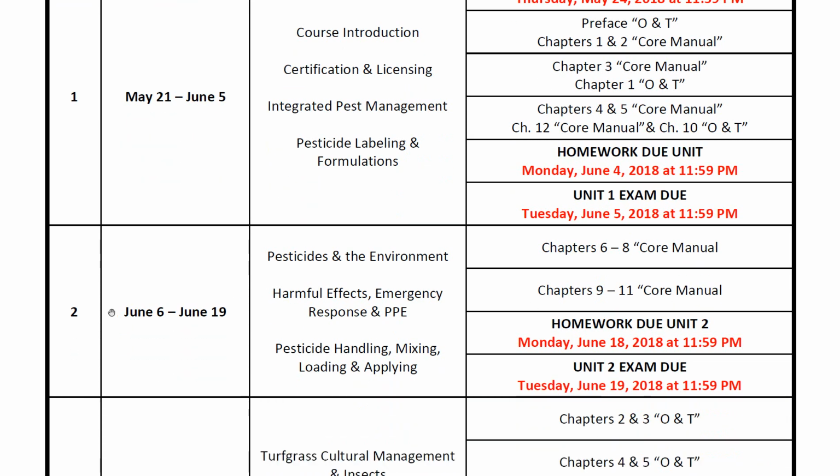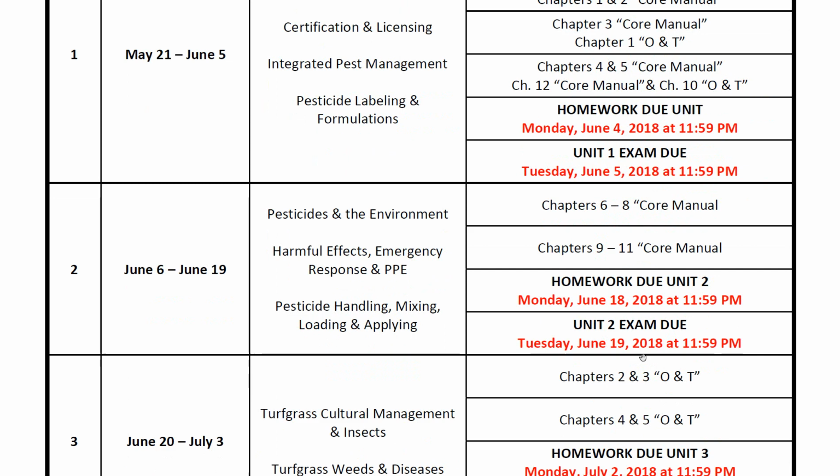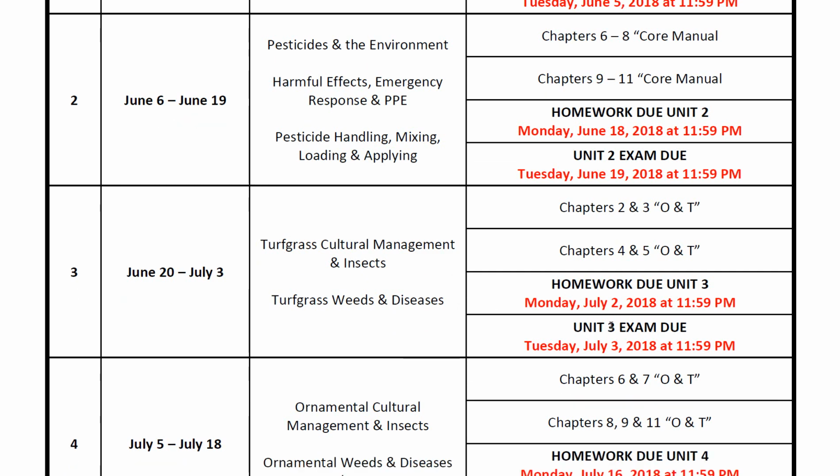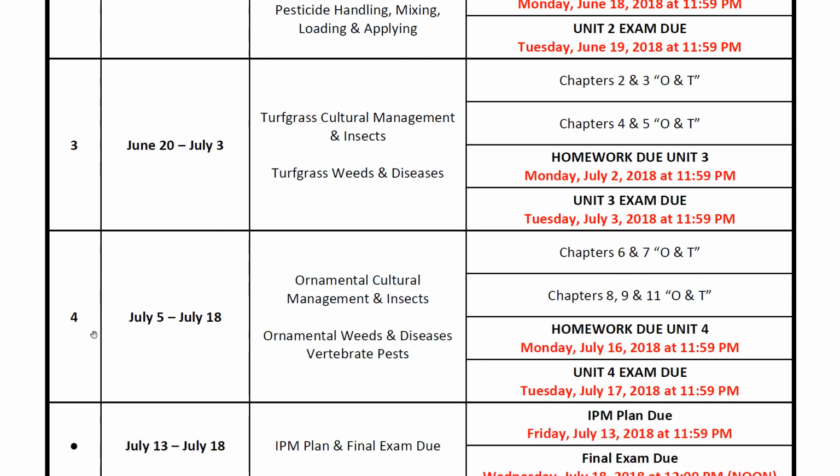If you look at Unit 2, you'll start noticing I have something due on Mondays and Tuesdays for this class. Then Unit 3, again, there's Monday and Tuesday. I've got to turn in some stuff. And on Unit 4, again, Monday and Tuesday. So, guys, start thinking about this.